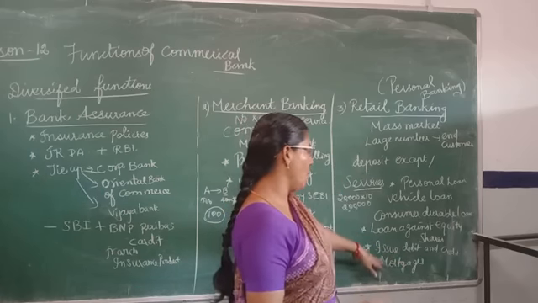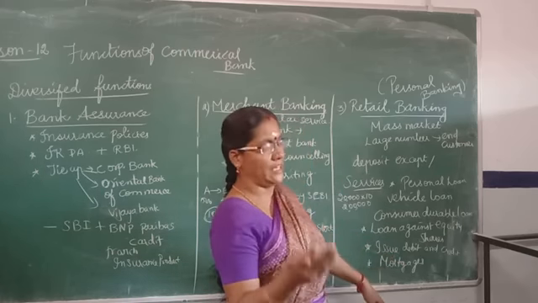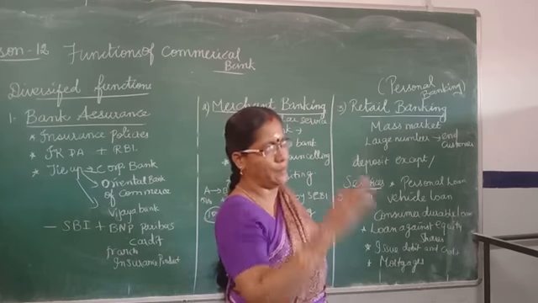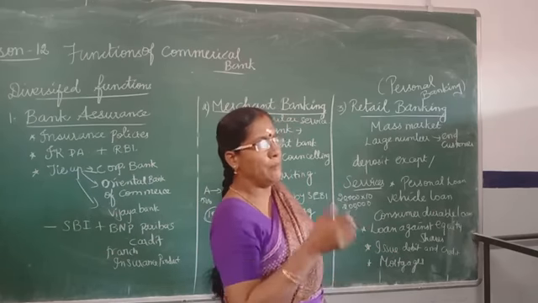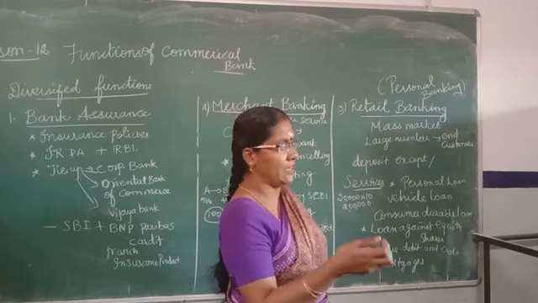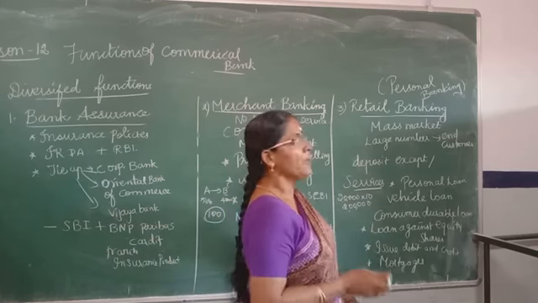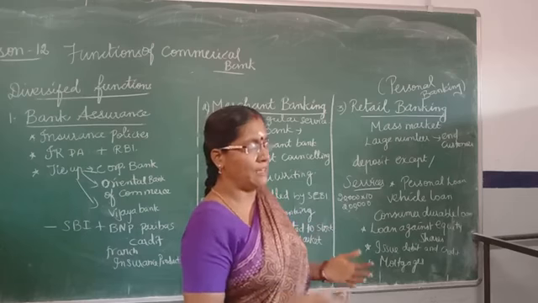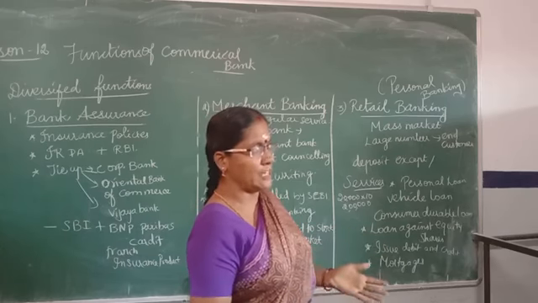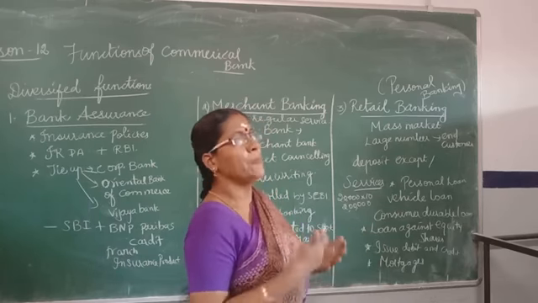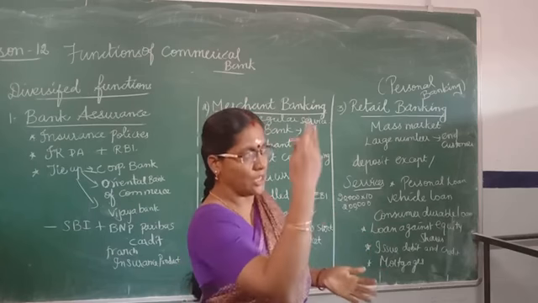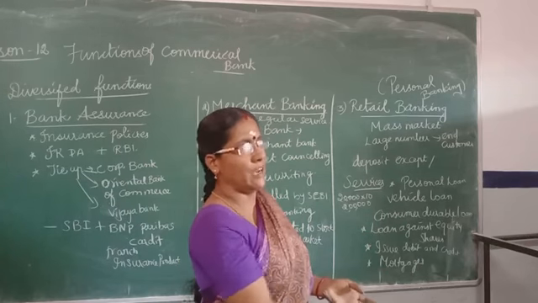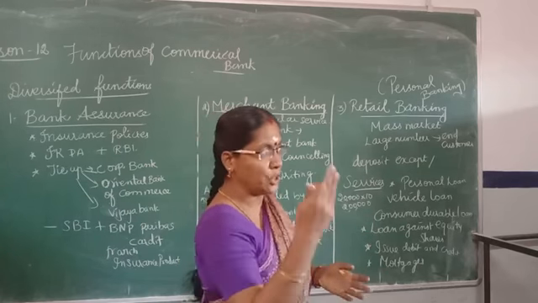Then issue of debit cards and credit cards. As soon as we open the bank account, the bank gives the debit card, credit card and all the cards, and also gives the mortgage. Mortgage means if you have title deeds, in Tamil we call it a patram, you can go and pledge the title deed, or else you can pledge the jewel.